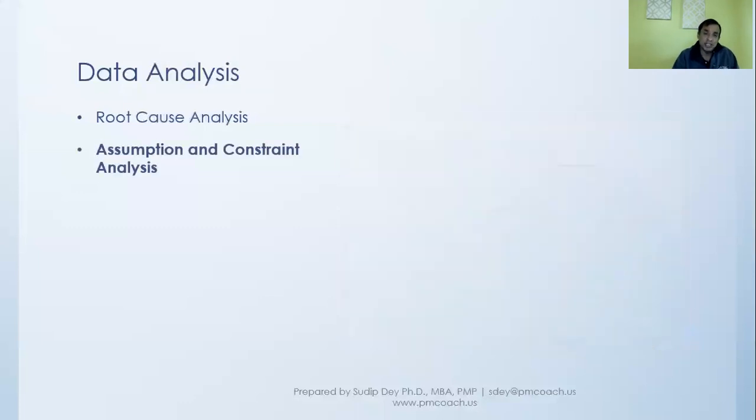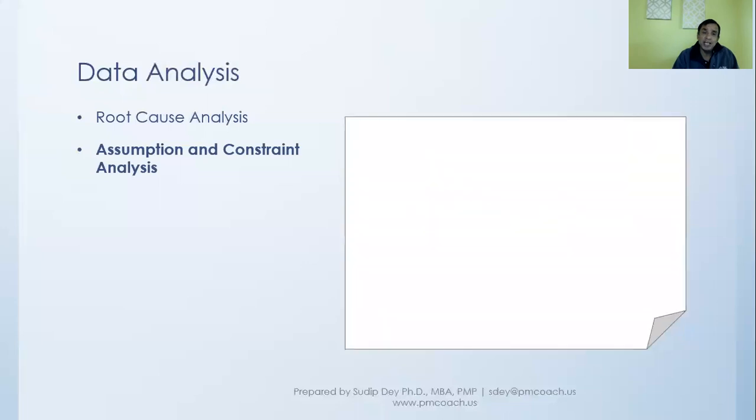Assumptions and constraints analysis is another data analysis technique that will help us identify risk. Because when we have gone through different processes and created different documents like scope, schedule, and cost estimates, there have always been some assumptions.